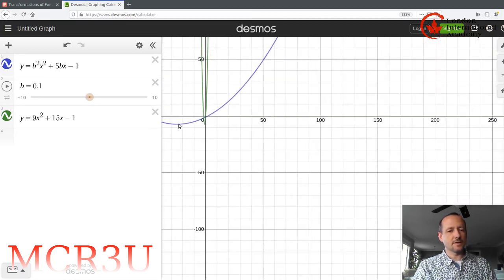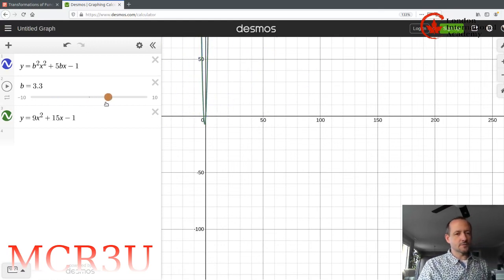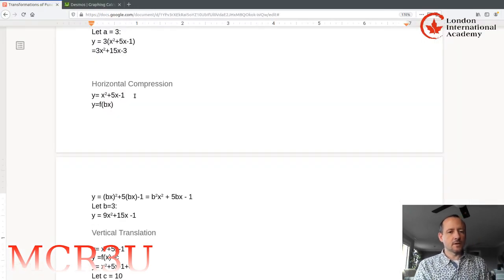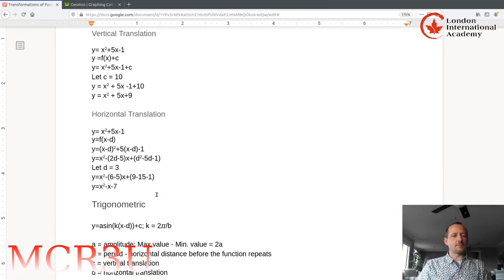And there we are. This vertex is 10 times further from the axis than that one. So you can play along with this and see what happens. Very informative, decimals. So there we go. That's horizontal compression. Let's move on to vertical translation of a polynomial.